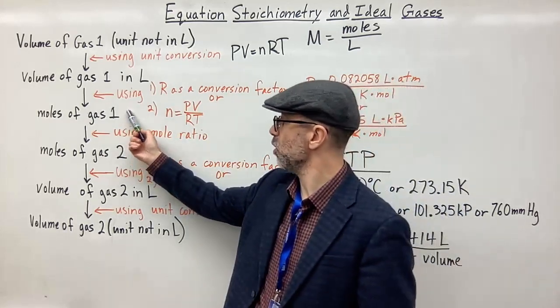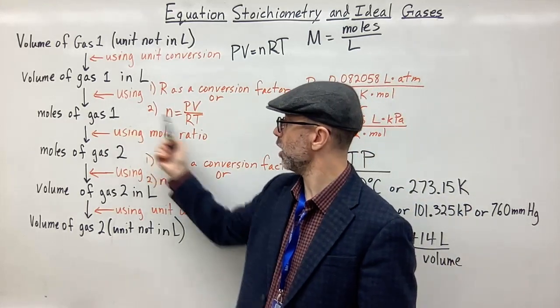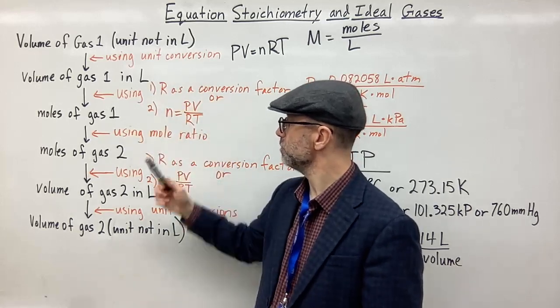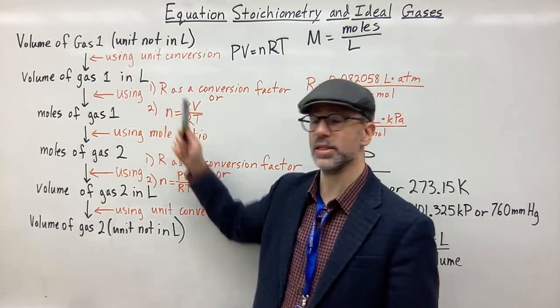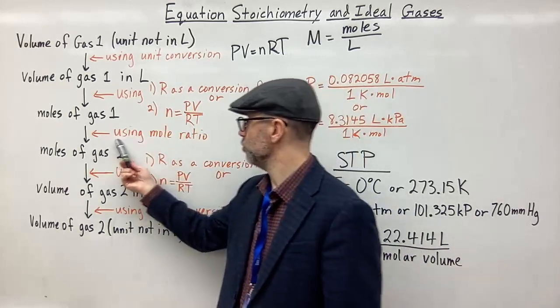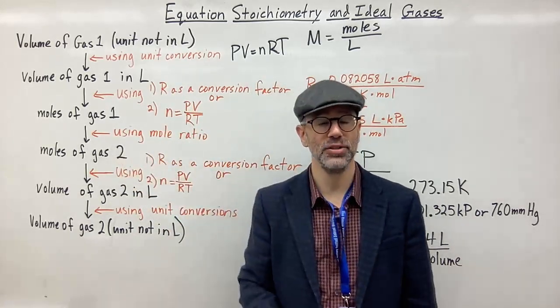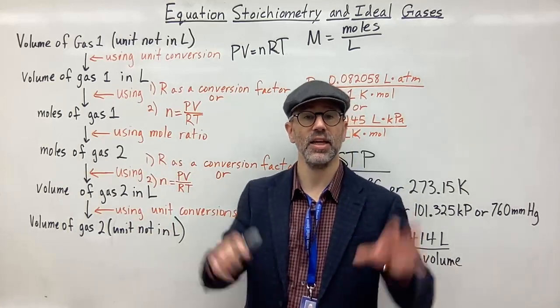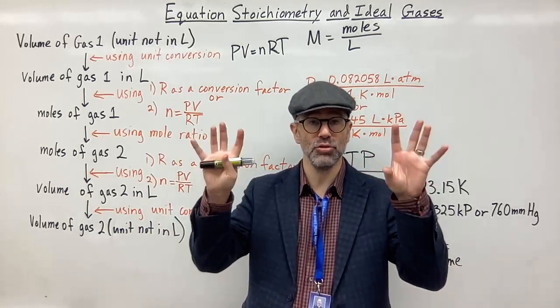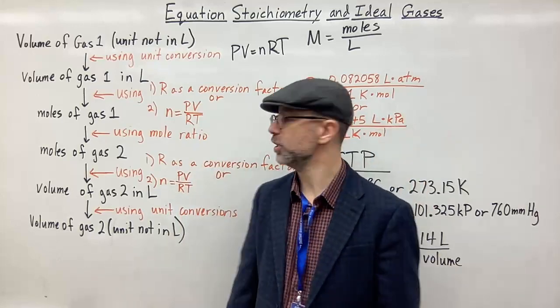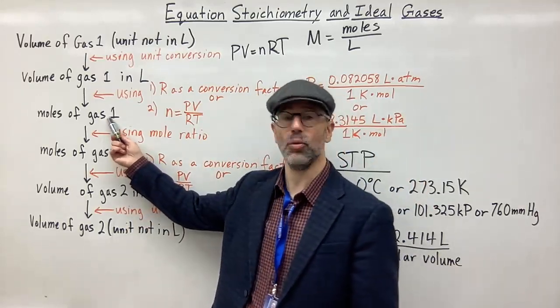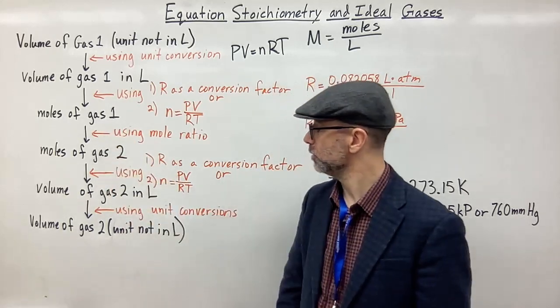So then once I get moles of gas number 1 from this part here, either using n equals PV over RT or R as a conversion factor, now I'm going to use the mole ratio from my balanced equation. I'm going to take the coefficients of the two substances that I'm converting between, use that as a conversion factor to convert from moles of gas 1 to moles of gas 2.